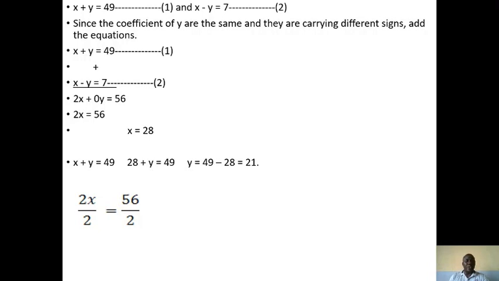If 2x is equal to 56, we need to divide both sides by 2. When you divide both sides by 2, you have x is equal to 28, because 56 divided by 2 will give you 28. That means the x value is 28. I hope it is clear.